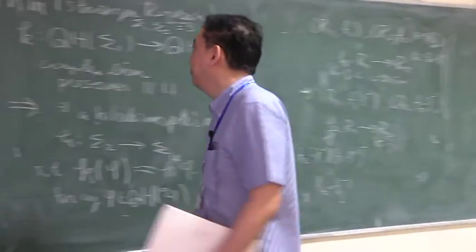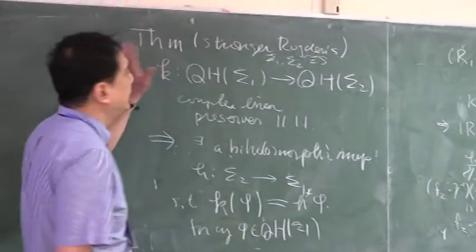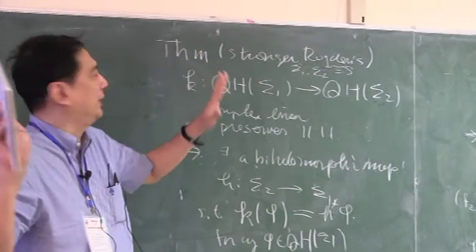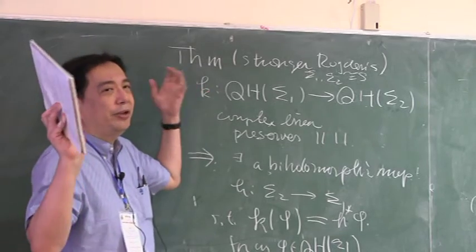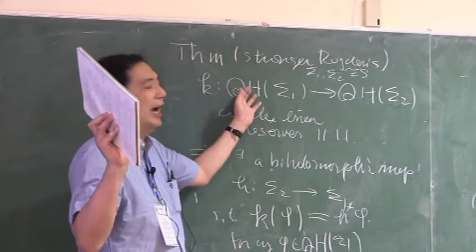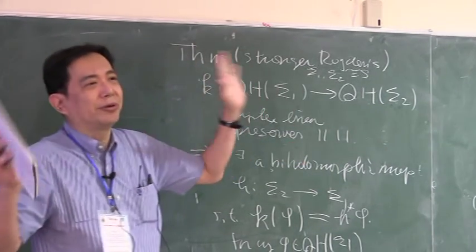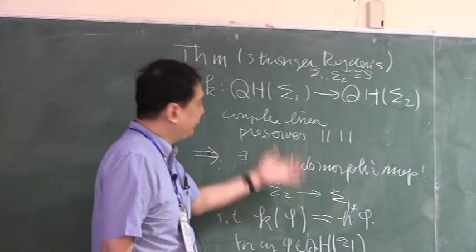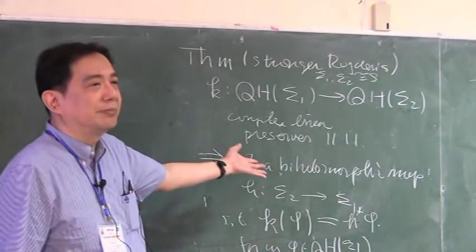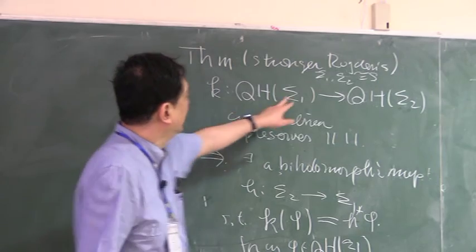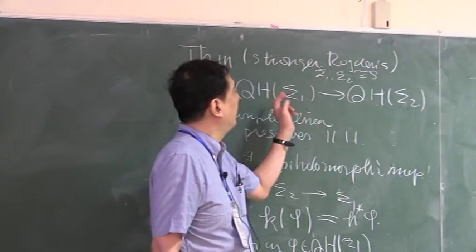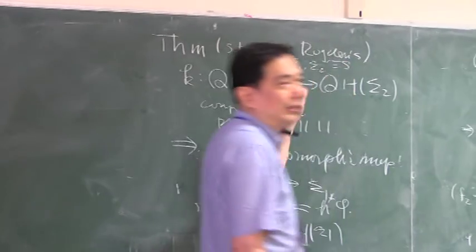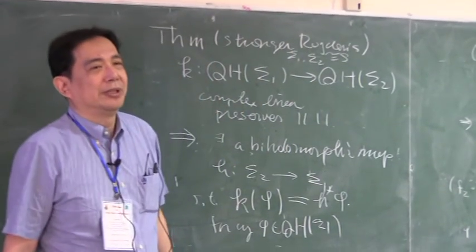This means if you look at the cotangent spaces at the two points in the Teichmüller space, and there is a linear isometry between these two cotangent spaces, then it should come from a holomorphic map between these two Riemann surfaces.